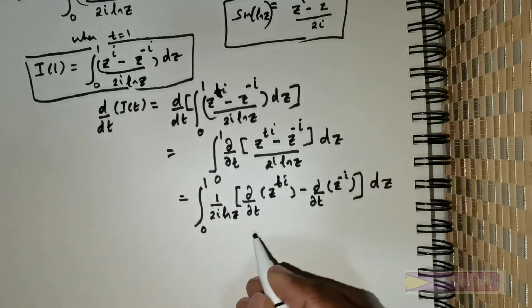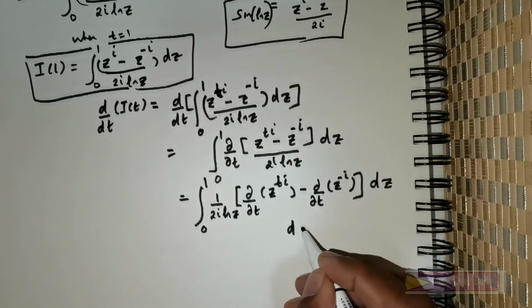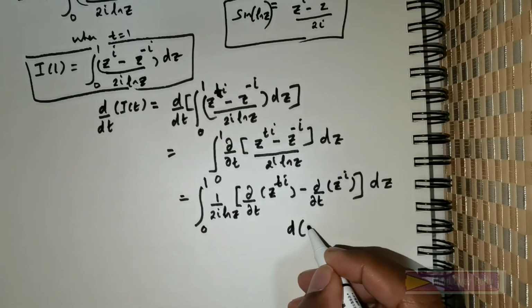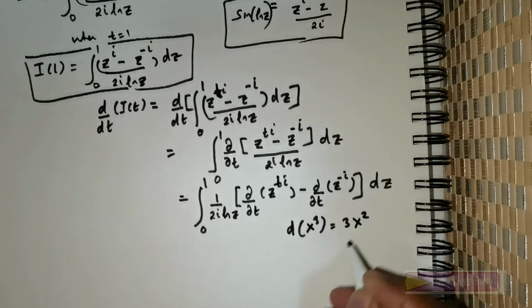Now you have to know a very important formula. Differentiating, say, x to the power 3, I would get 3 times x squared.